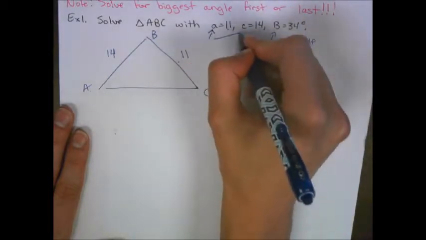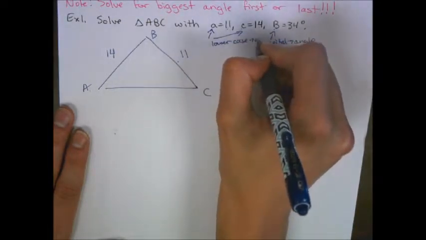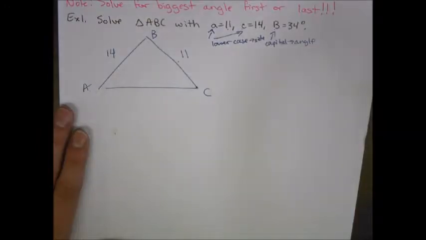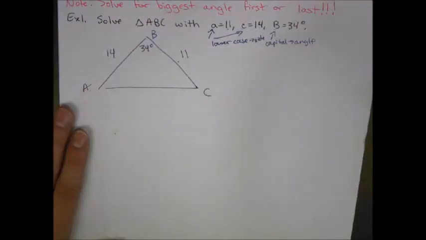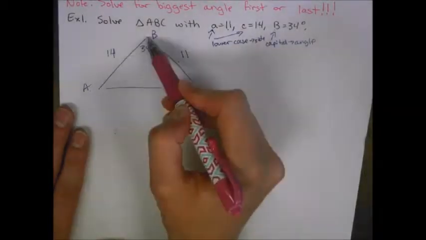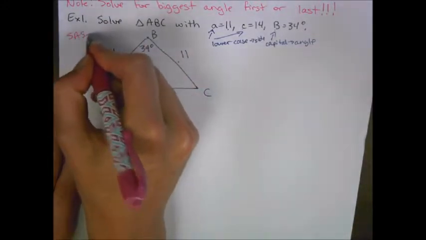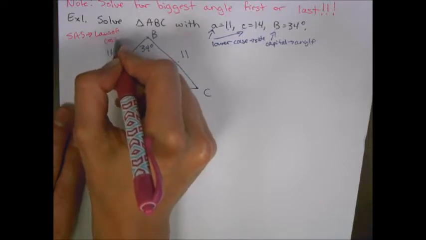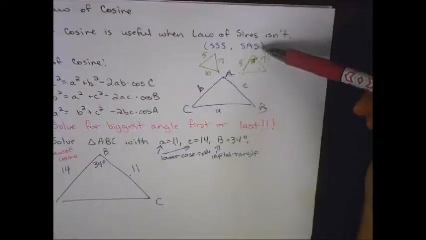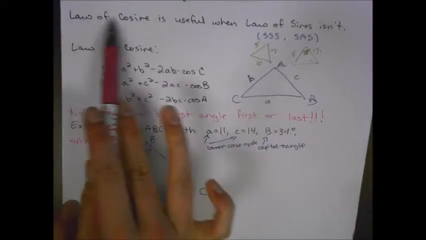Lowercase is a side. This is 34 degrees. Notice here we have a side, an angle, and a side. So side-angle-side means we need to do law of cosine. So that was one of our cases. Side-angle-side, law of sines isn't useful. Use law of cosine.